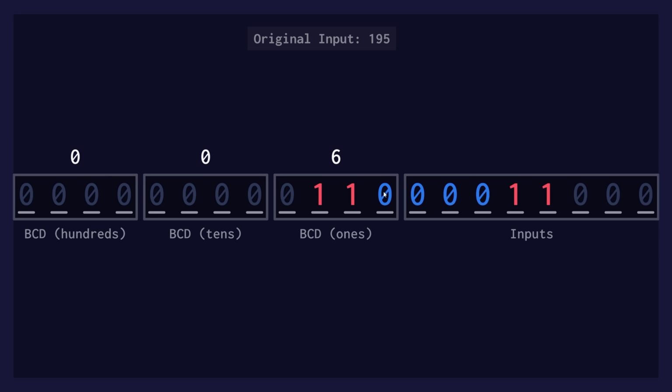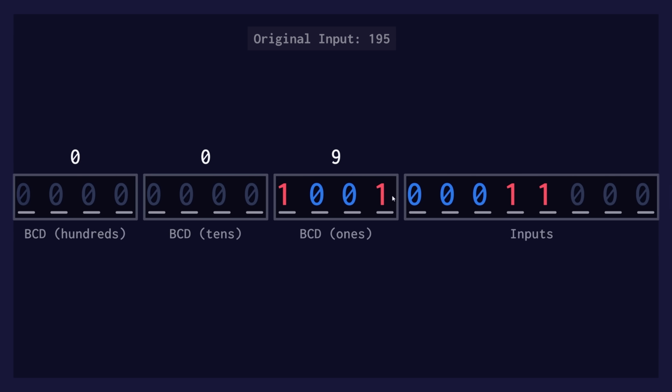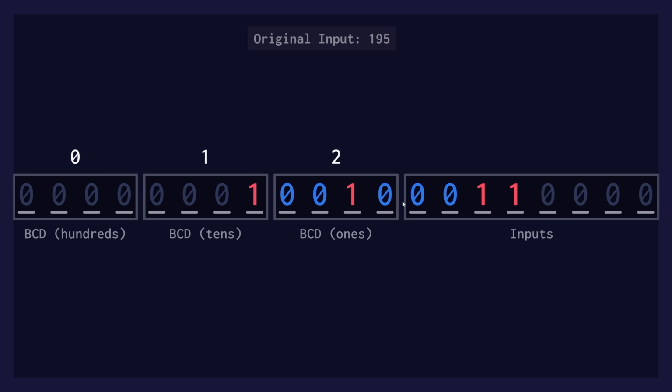We'll need to stop for a moment now though, because we have a 6 over here, and remember if it's 5 or greater, then we need to add 3. So let's do that. We can then shift everything over to the left again, and there are no problems here, so let's shift once more. And once more still. We now have 8 in here, so plus 3 again, and then shift it all over.